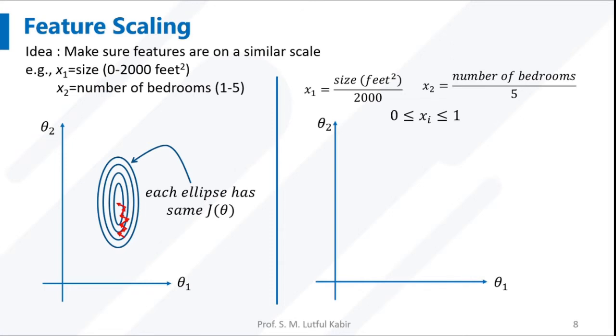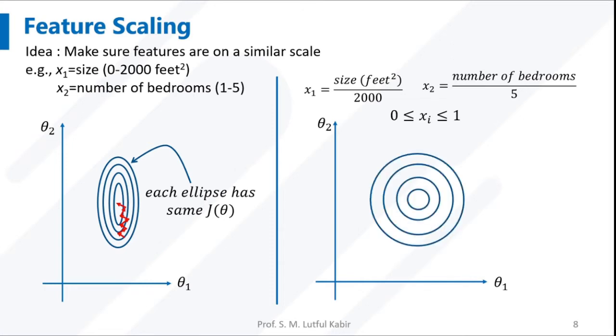So now the contour diagram will look different. And if we plot the contour diagram, it will be circular in shape. And theta 1 and theta 2 will proceed in a similar manner, not like the previous one where on one scale it proceeds by one amount and on the other scale it proceeds by another amount.